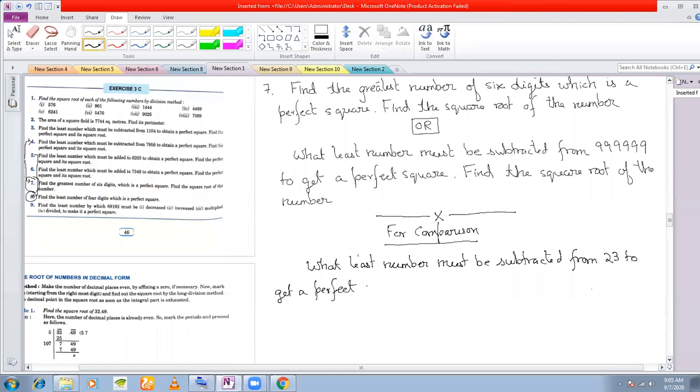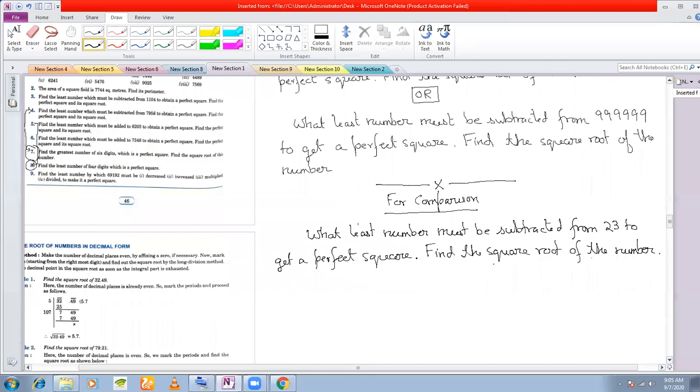I've taken a small number only for comparison. And the second part of the question is, find the square root of the number.